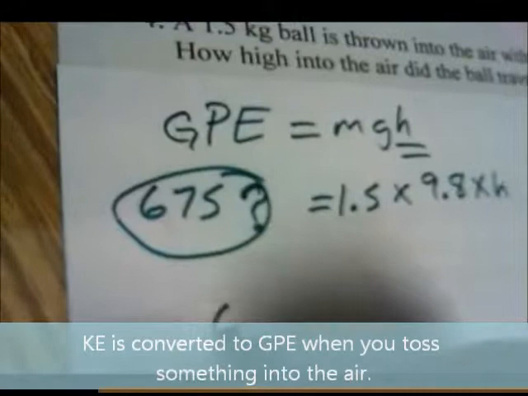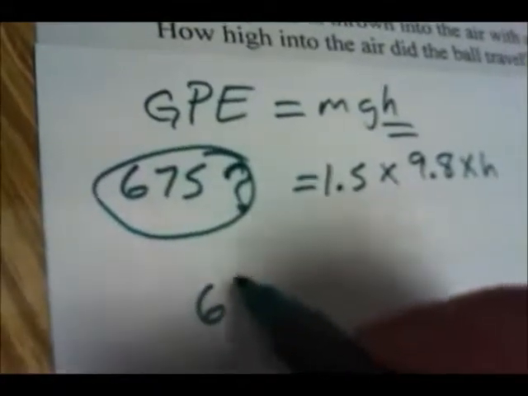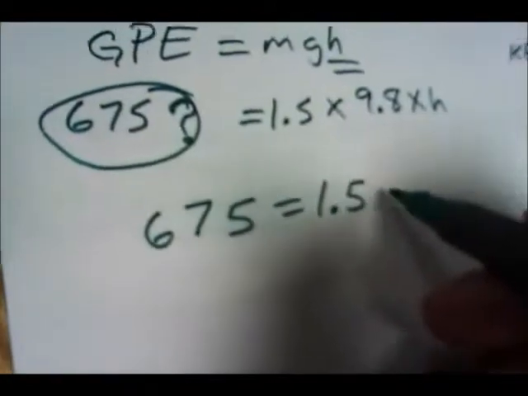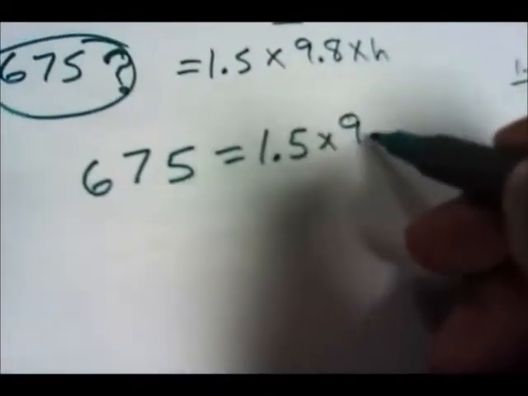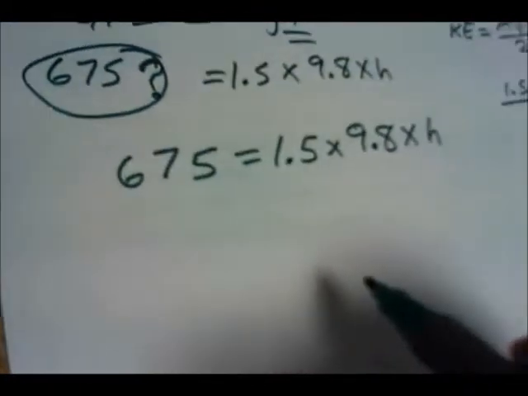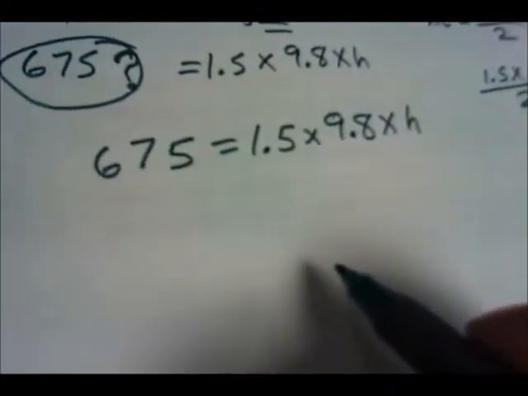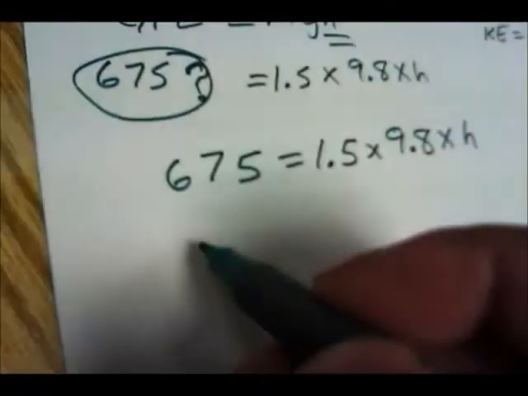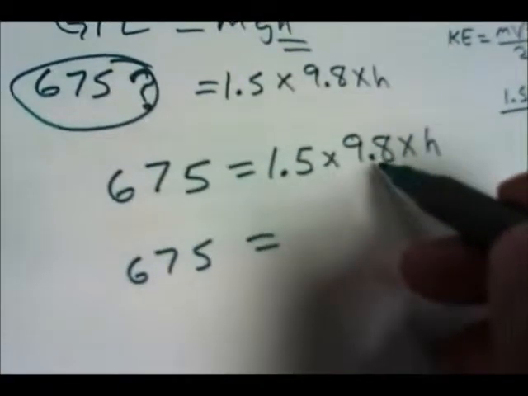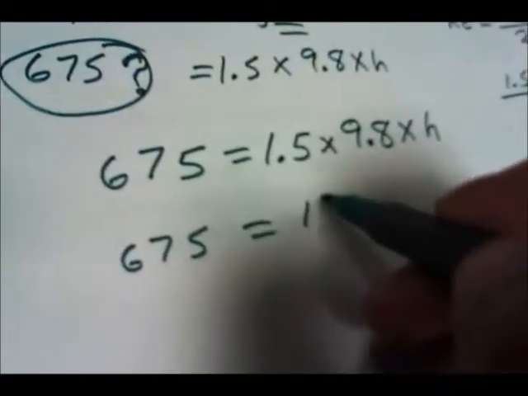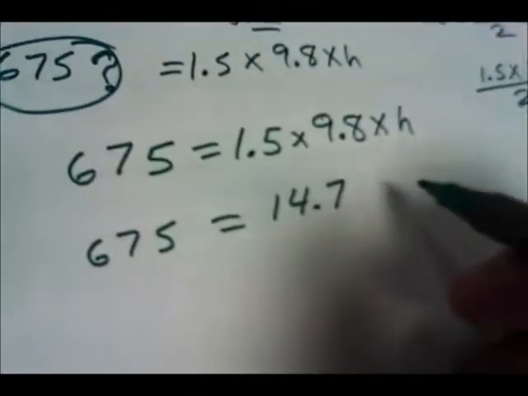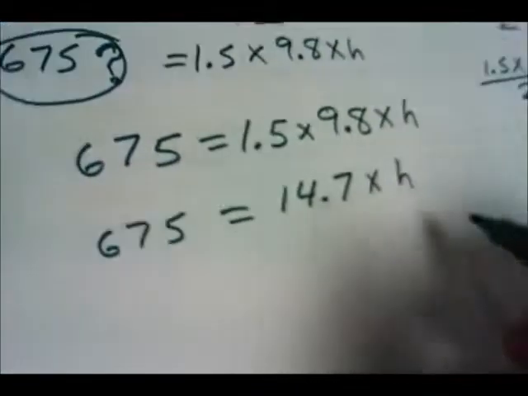So now that we have our 675, we can plug it into our equation and solve for h. First step, we simplify. 675 equals, when you multiply these two numbers together, you get 14.7. And we're going to multiply that by h.